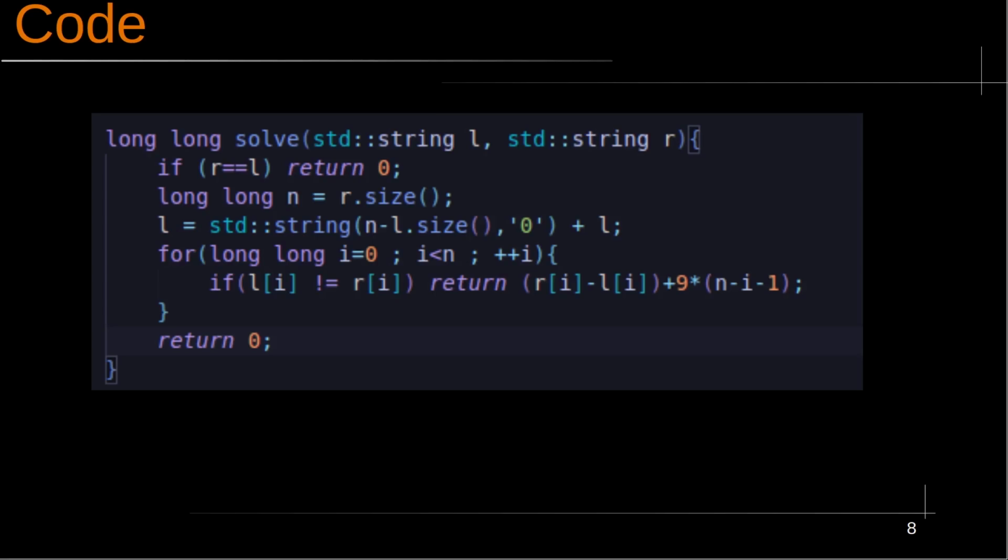The code of this solution, the function, will take as parameters two strings L and R. We can say from the beginning, if R is equal to L, return 0. It's very obvious here, because all the digits are the same, so the difference will be 0.